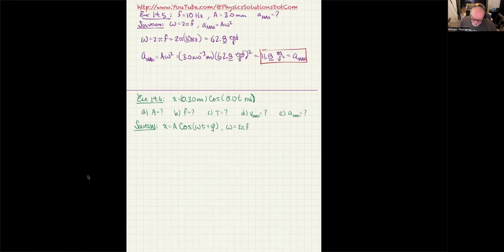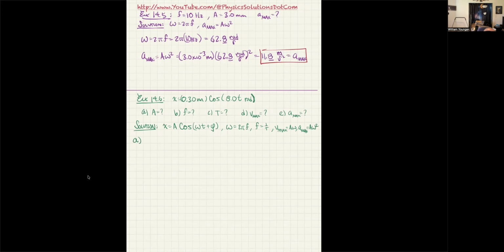So we see the omega is actually 8.0. So I'm going to make use of that as well. I'm also going to remember that once we have the frequency, we can get the period by the period being 1 over the frequency or the frequency being 1 over the period. We're also going to make use of the fact that v max is equal to A omega and A max is equal to A omega squared. So that's what we've got to go with.